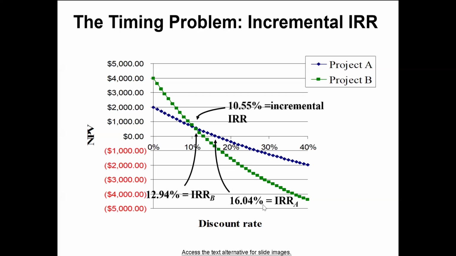And you can find another one, an incremental IRR, 10.55%. What is the 10.55%? This is the crossover point between project A and project B. You can identify that before the incremental IRR, project B has a much higher NPV than project A. And after the incremental IRR, the NPV for project A is much higher than project B. What does that mean?